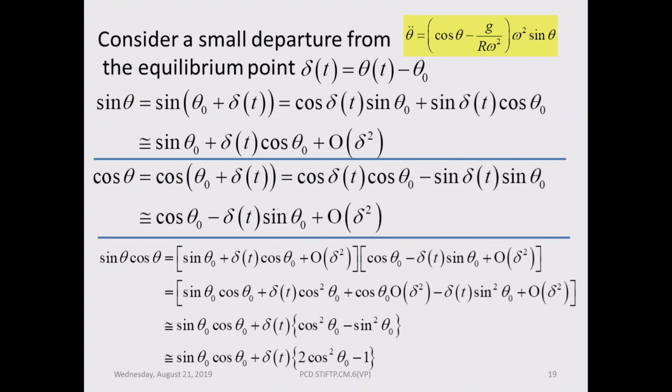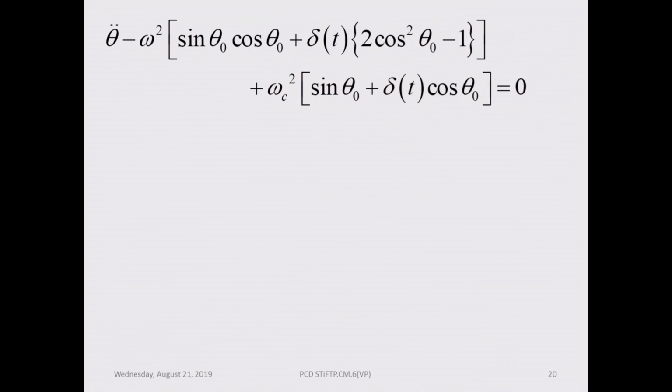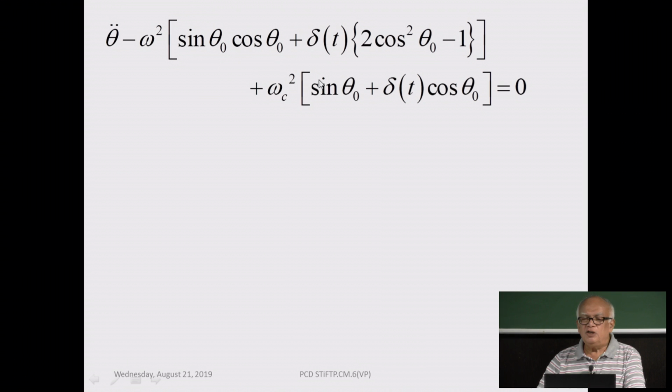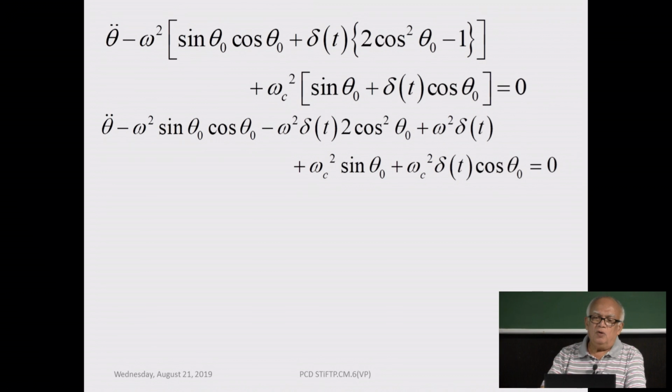So, if you retain only the linear terms, then you have this relation which has fewer terms, all the quadratic terms in delta have been dismissed, quadratic and those which are even weaker than those. So, you can simplify these terms. There is no big mathematics or physics in this simplification, you just rearrange the terms.